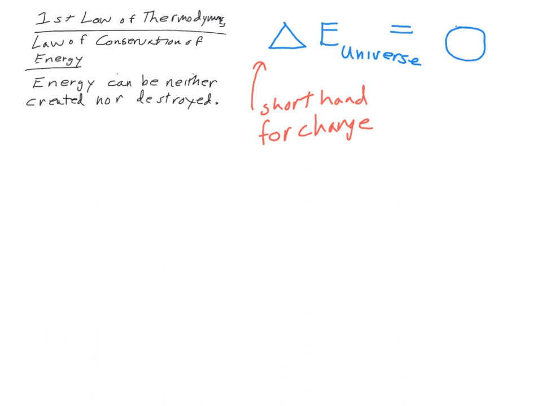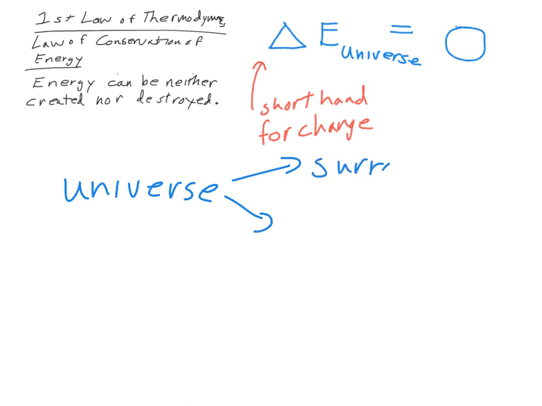When we talk about energy as chemists, we divide the universe into two parts. We divide it into the surroundings and the system. The system is what we care about.